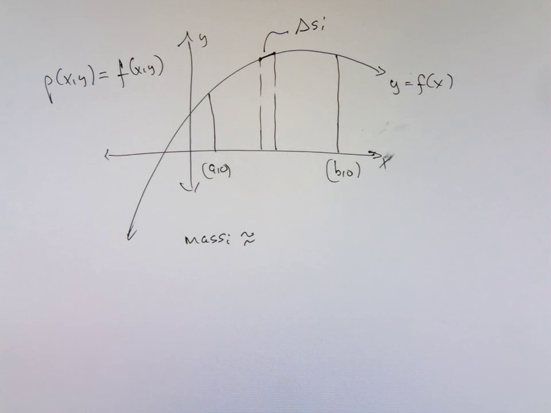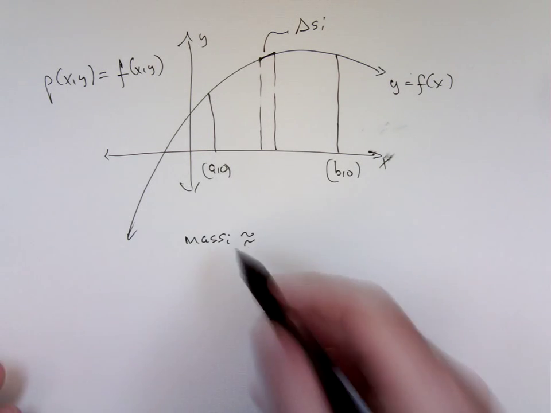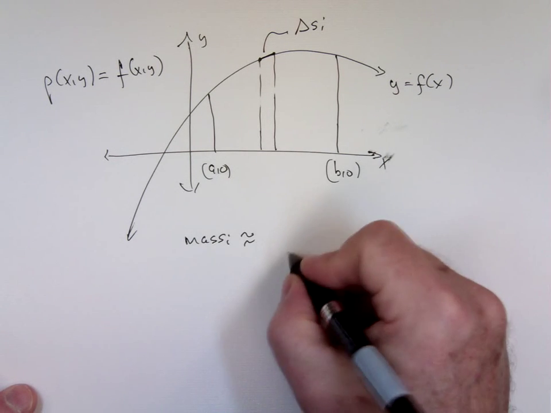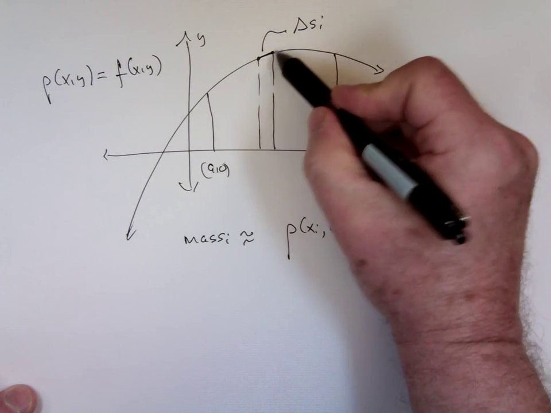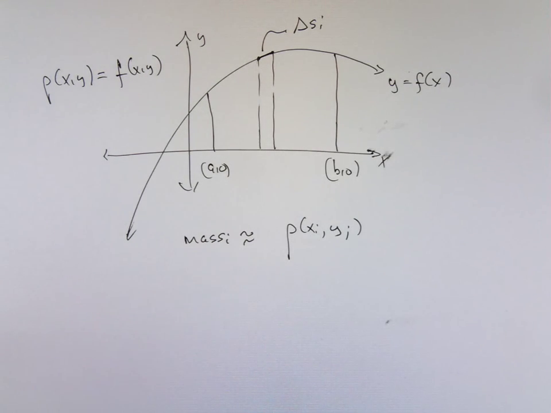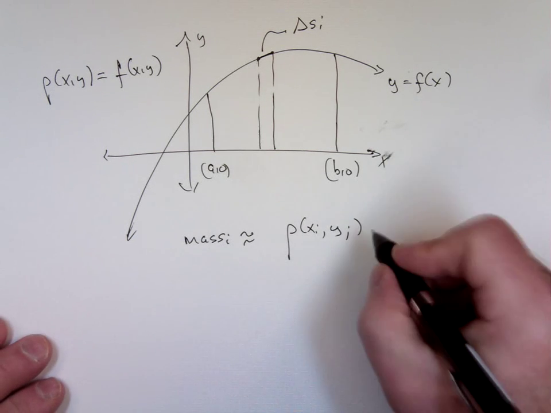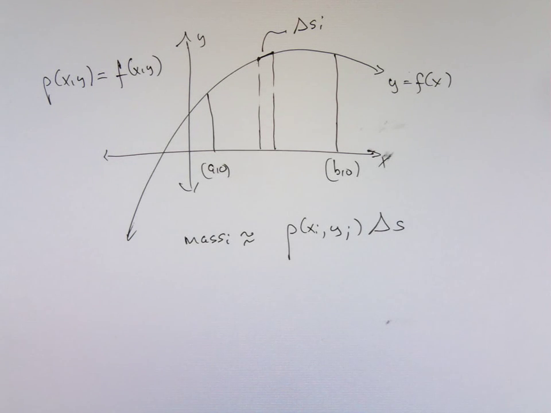The mass of that piece of the wire would be approximately equal to its density function, say at the left end point or right end point or some point in that interval, times a delta S. That would be the mass of that piece of the wire, its density function times an arc length.